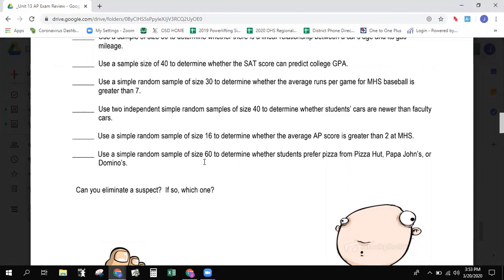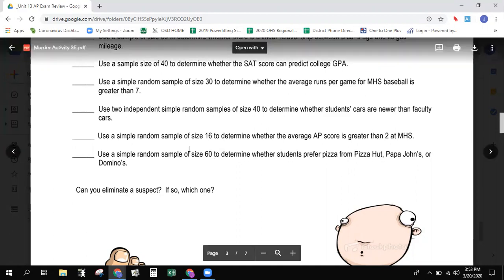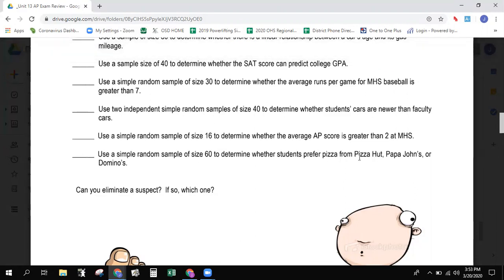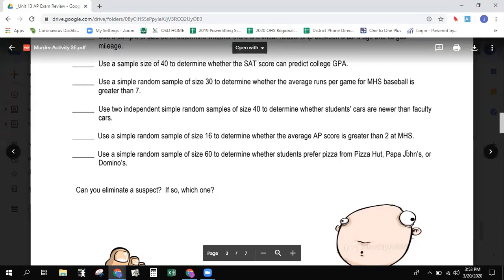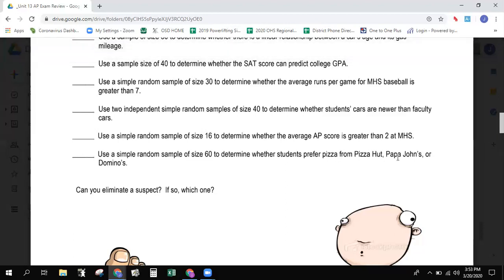And use a simple random sample of 60 to determine whether students prefer pizza from Pizza Hut, Papa John's, or Domino's. Ooh, that is more than one proportion. They're going to have to ask, okay, maybe 10% here, maybe 5% there, and maybe 85% here. So they're trying to determine which one students prefer. That's going to be a chi-squared because we have to compare 3 things.